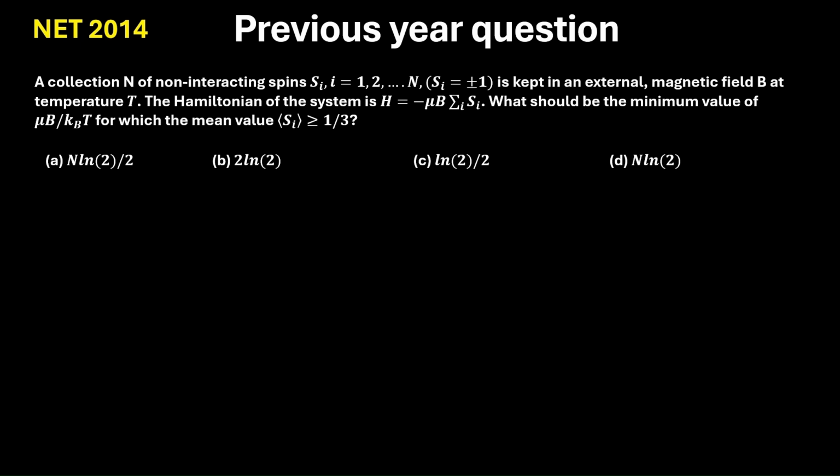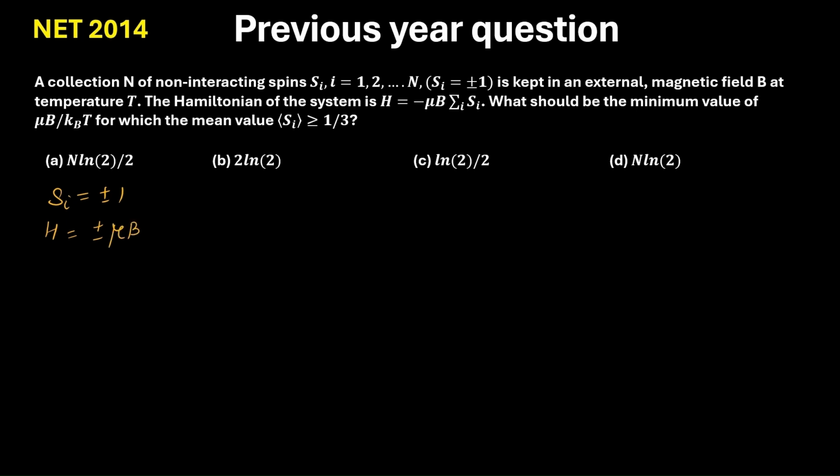Now, the spins can have two values. So the S_i can have plus or minus 1. So H can have either plus or minus mu B.